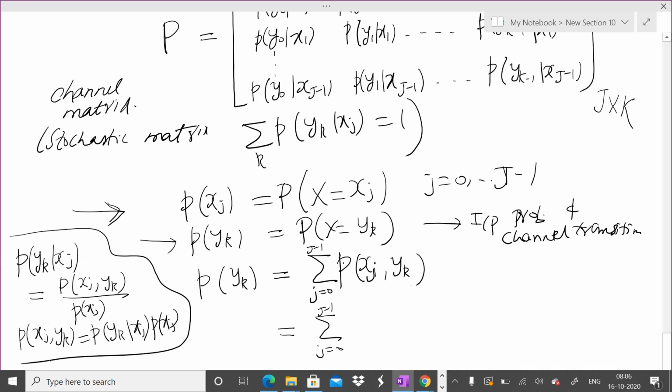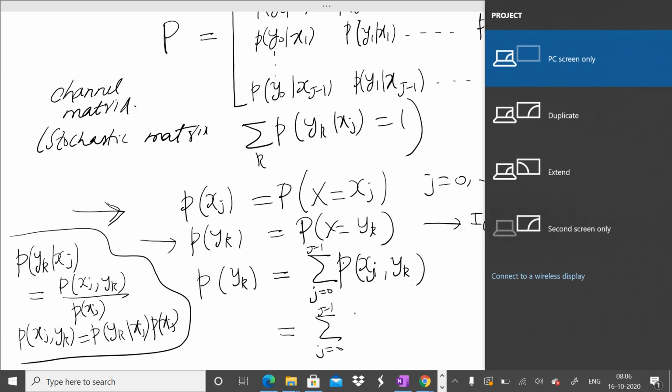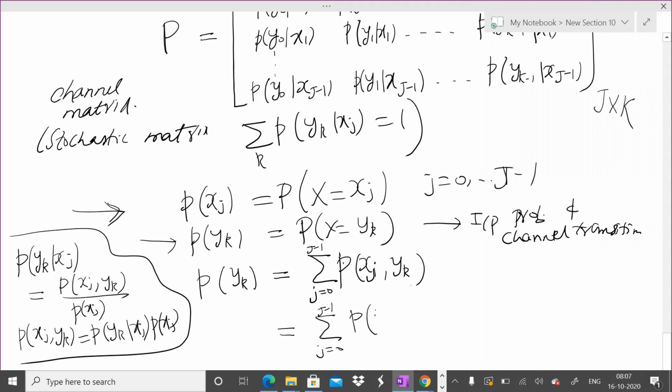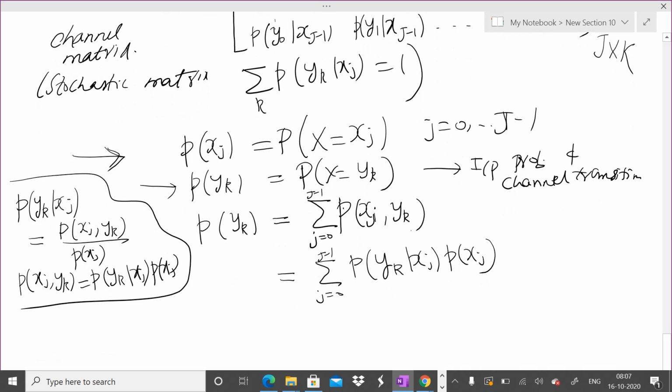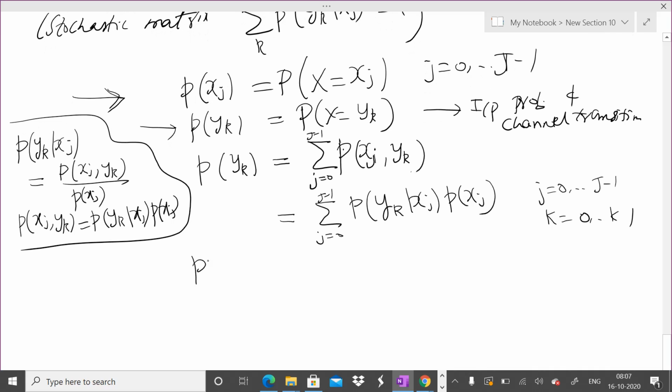So we can write it here, for j equal to 0 to J minus 1 and k equal to 0 to K minus 1.